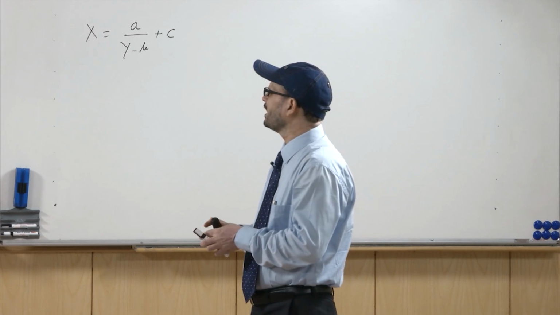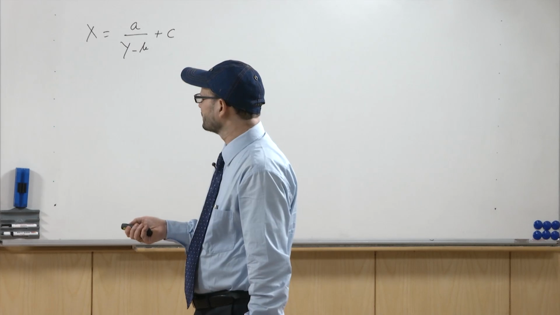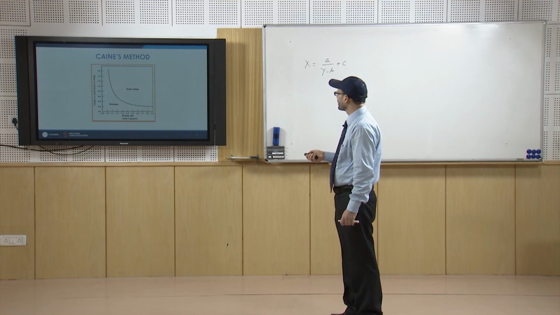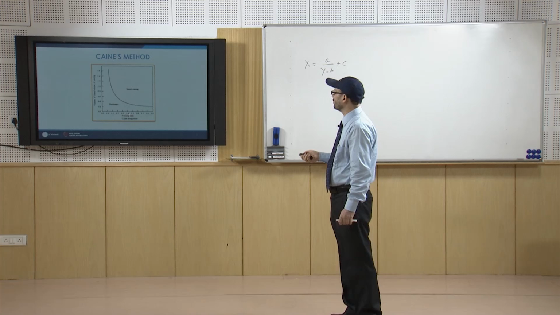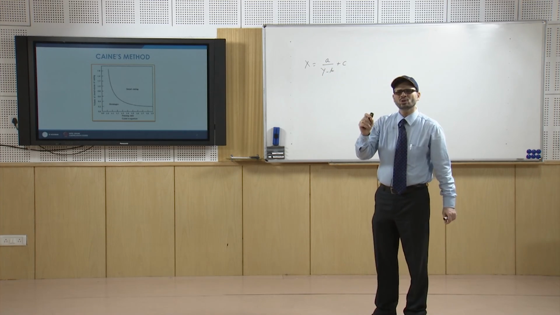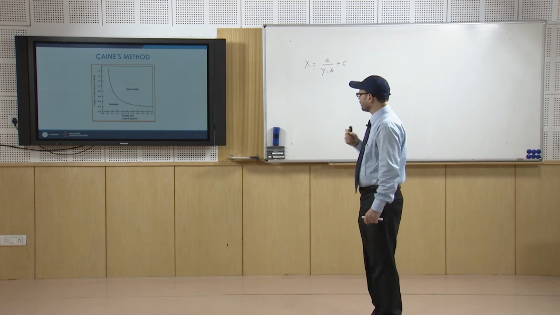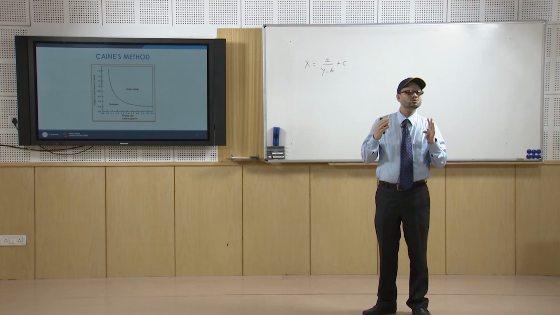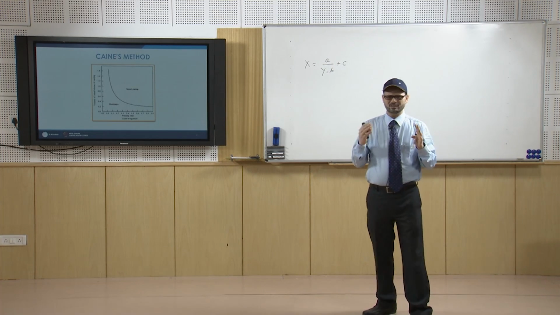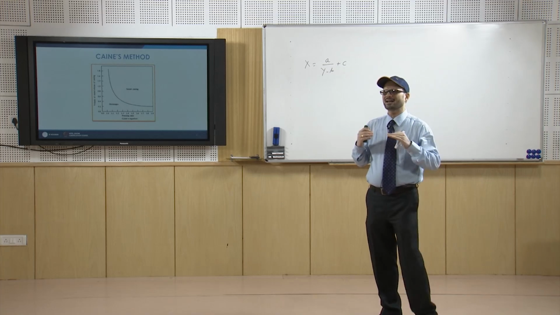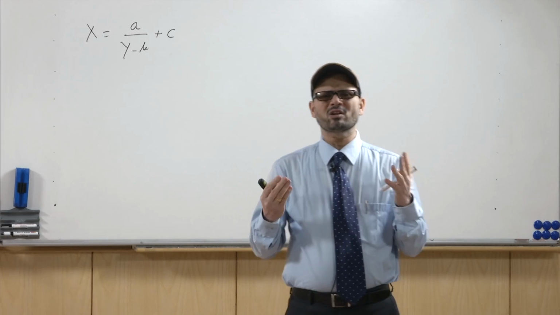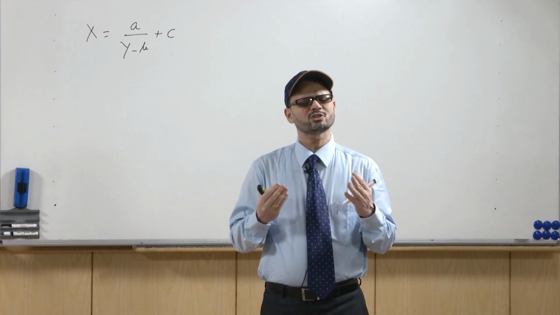So, the freezing ratio is nothing but the relative freezing time of the riser to the casting. Now, the freezing time is taken to be proportional to V by SA, volume by surface area, that we have understood earlier. We have seen that T is normally proportional to V by A square.